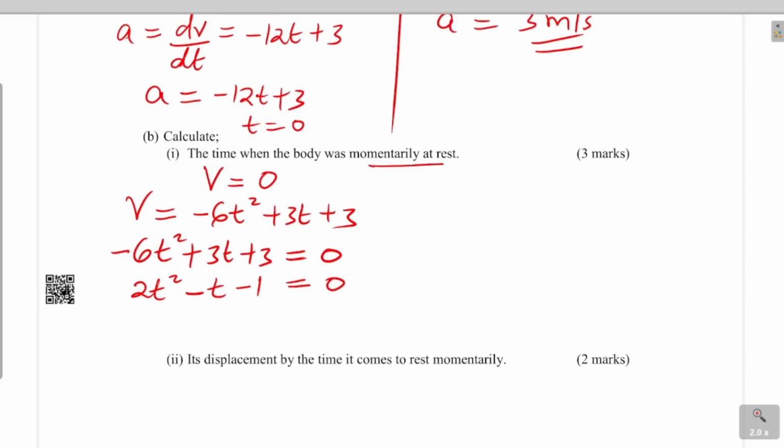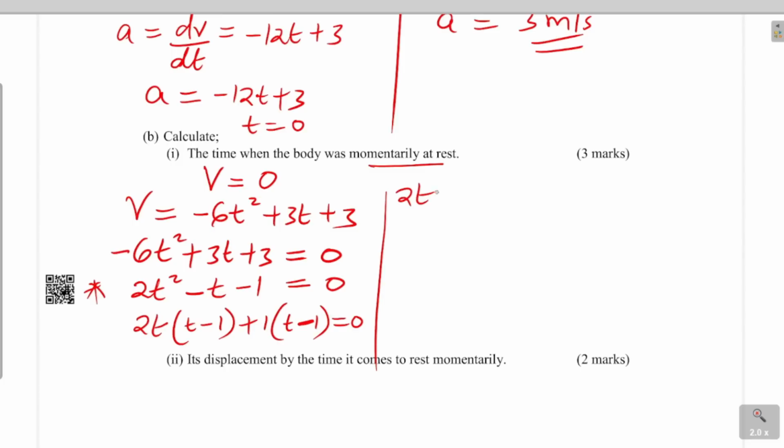If you use factorization, you will get 2t(t minus 1) plus 1(t minus 1) equals 0. And this will give (2t plus 1)(t minus 1) equals 0.